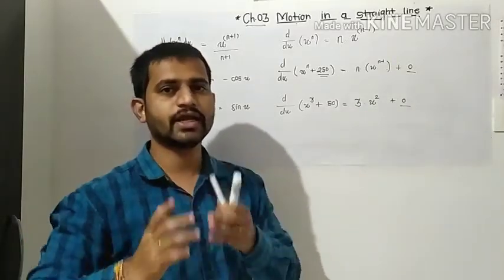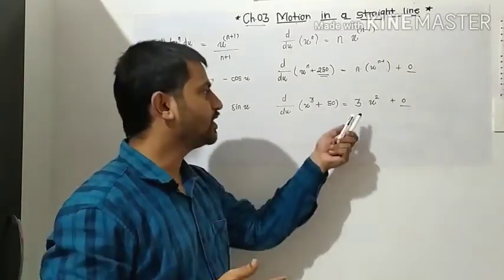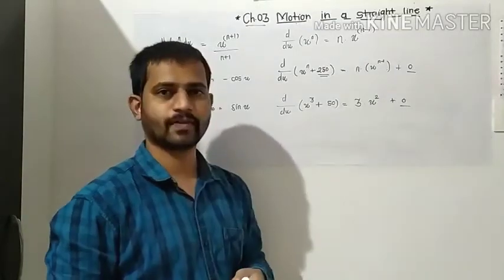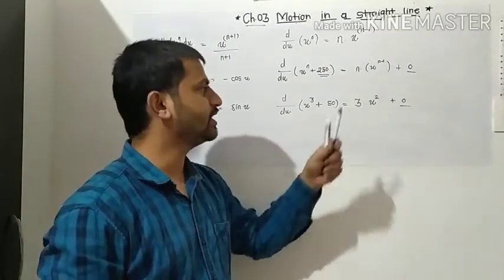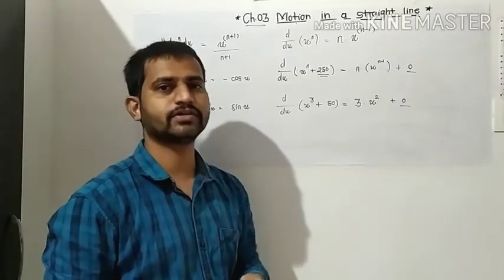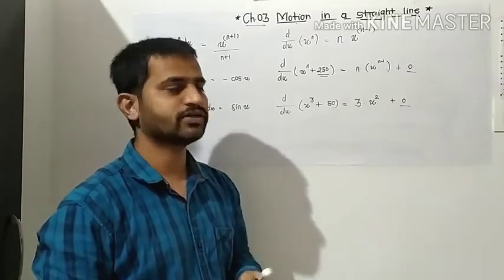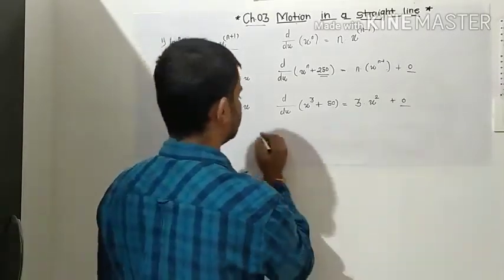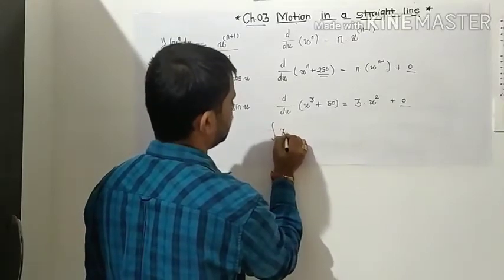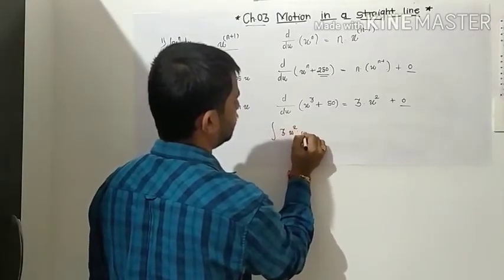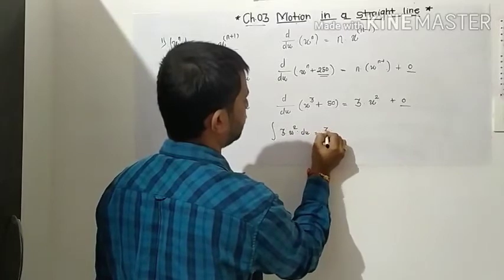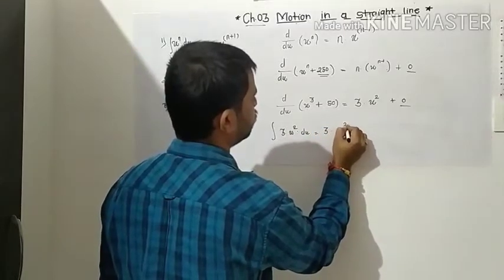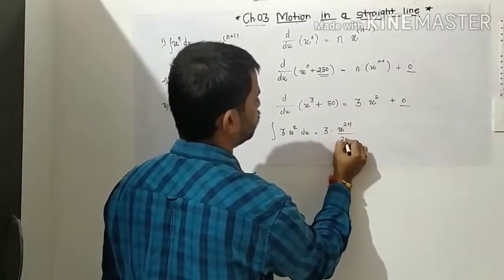But now in integration, what do we have to do? If we consider its integration, what is the integration of this term? The integration of 3x square dx is equal to 3x raised to 2 plus 1 upon 2 plus 1.